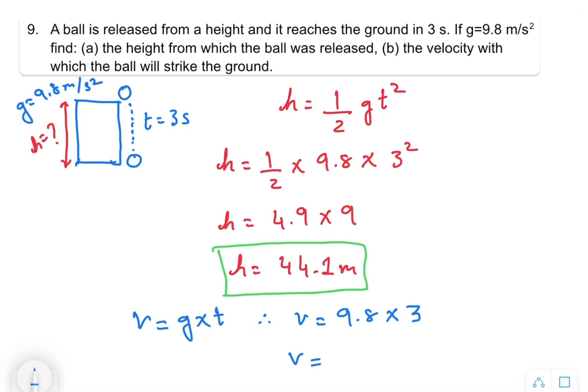So this would give me the velocity with which the ball would strike the ground. That is equal to 29.4 meters per second.